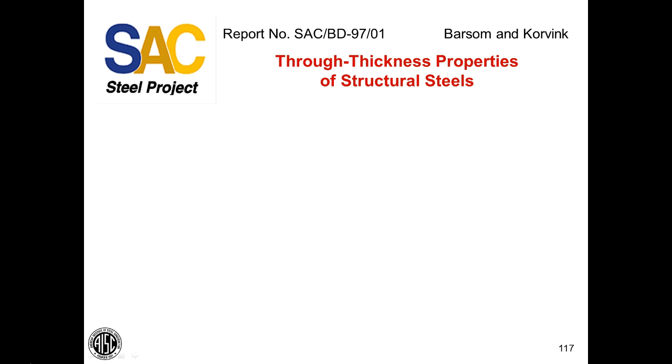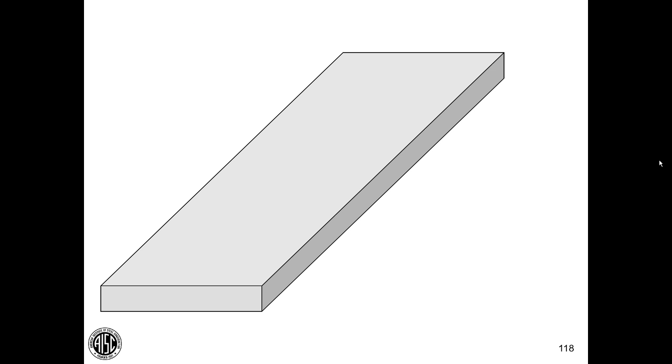And you can see that this paper was published in 1997. It was not research. It was actually a synthesis study summarizing the work of others. And in particular, they were looking at the through-thickness properties of structural steels. You know that rolled steel has some directionality associated with it.